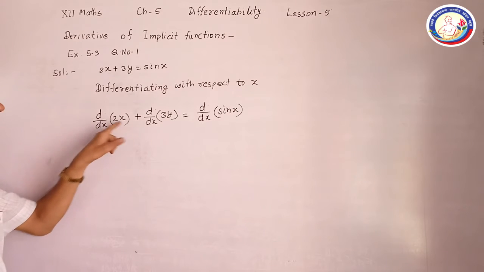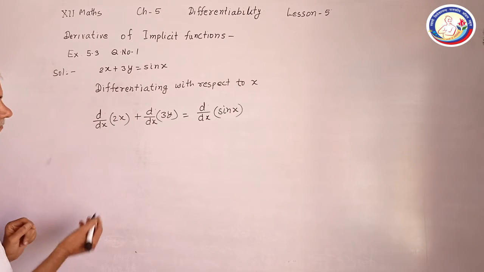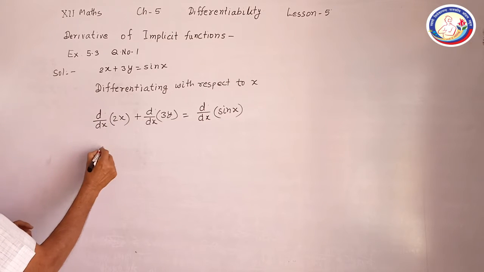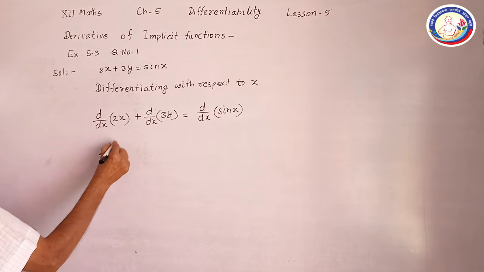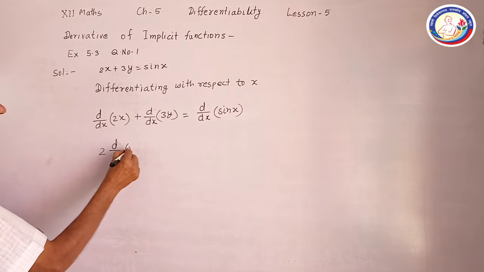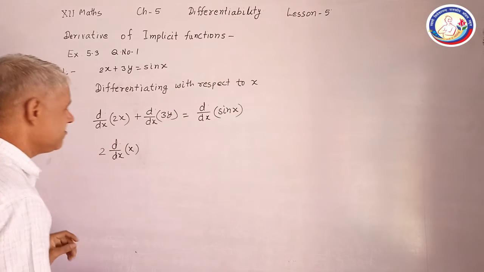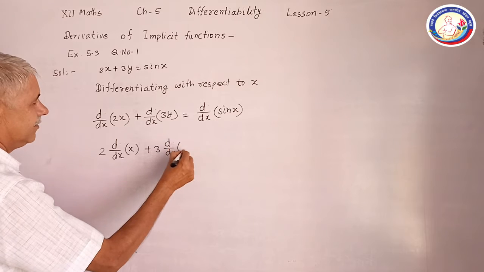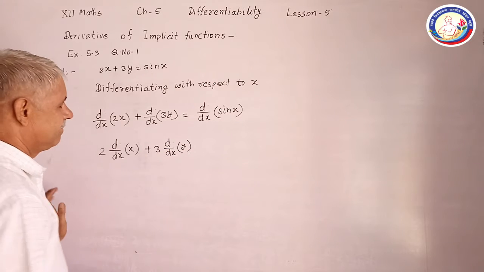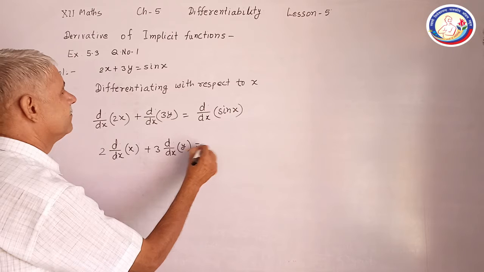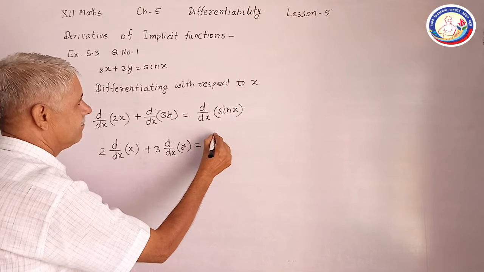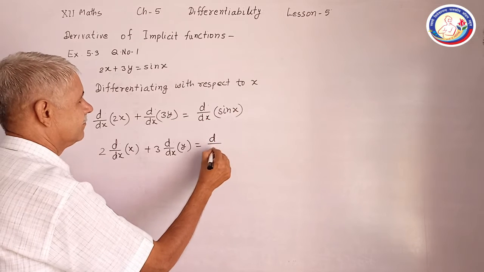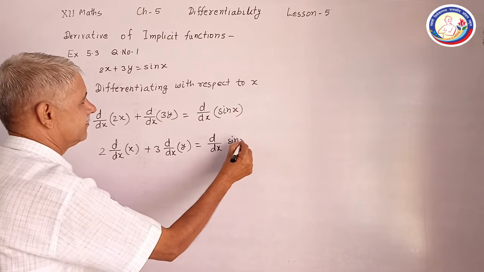So what is derivative of 2x? 2 is constant, so we can find derivative of this 2x by derivative of x with respect to x, and 3y, 3 into derivative of y with respect to y, and this will be simply sin x.